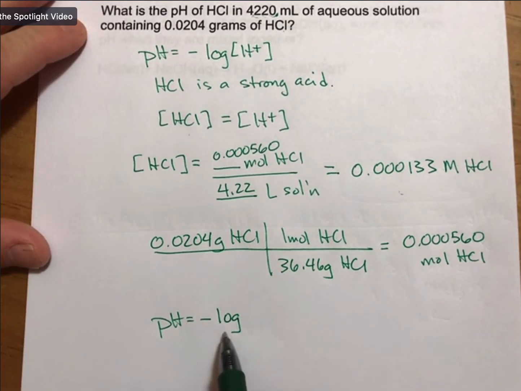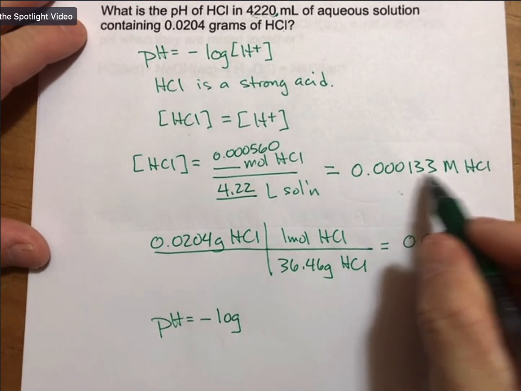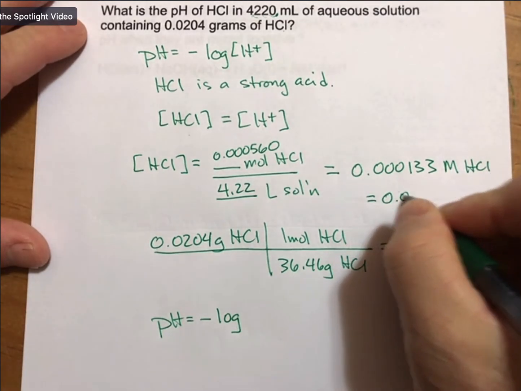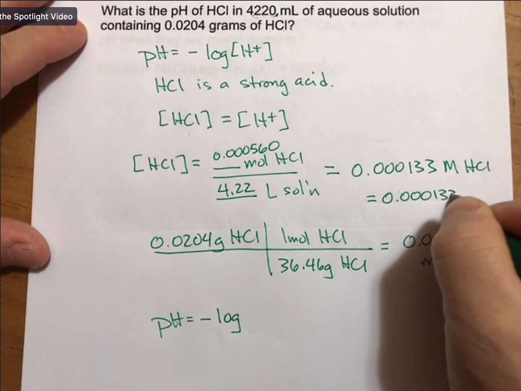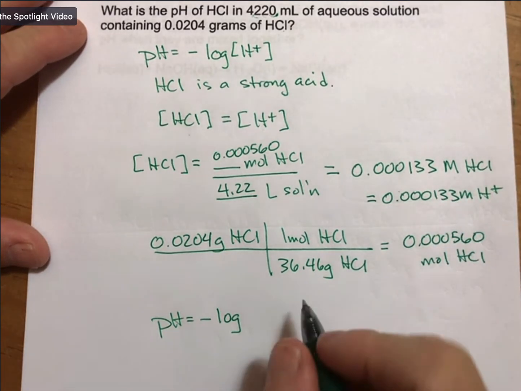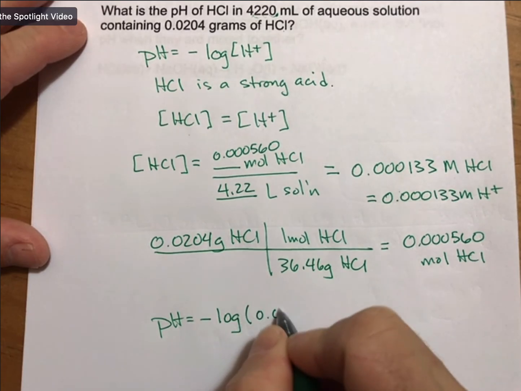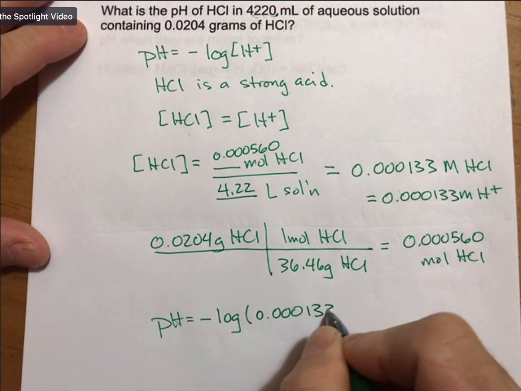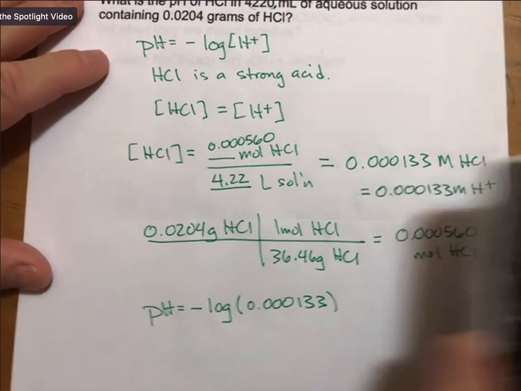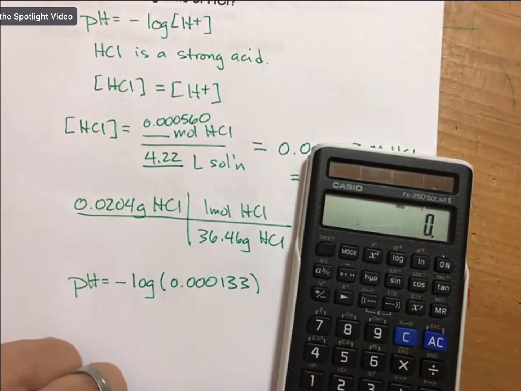All right, so minus log of my concentration of HCl, which is my concentration of H+. And solving here, 0.000133.